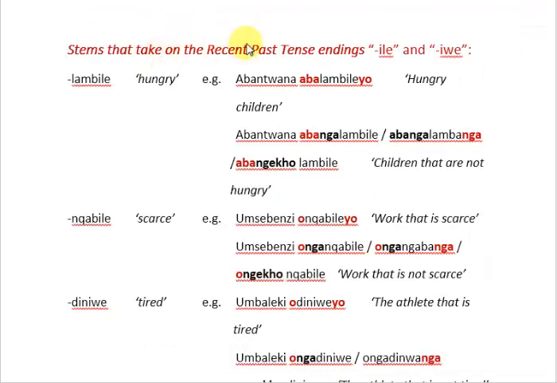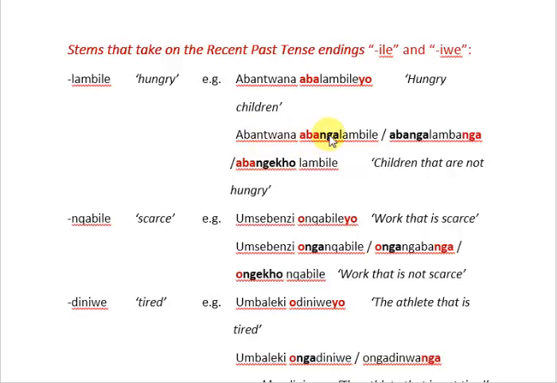Then we have the stems that take on the recent past tense endings, namely ile and iwe, such as lambile, nabile, and diniwe. And because we are again talking in terms of verbs, the pattern repeats itself in that the yo relative ending applies. Abantwana abalambileyo, hungry children.